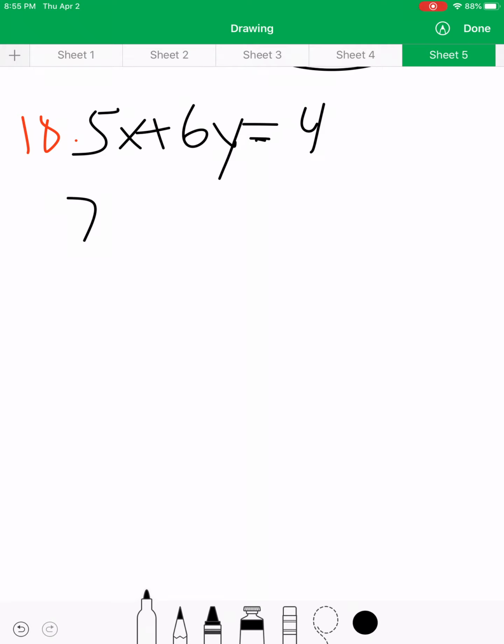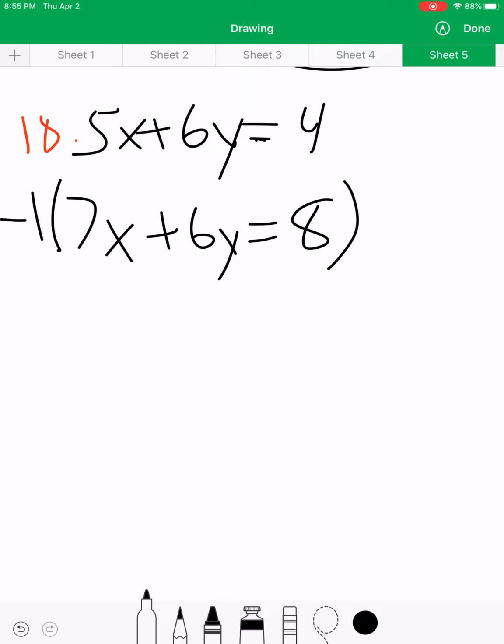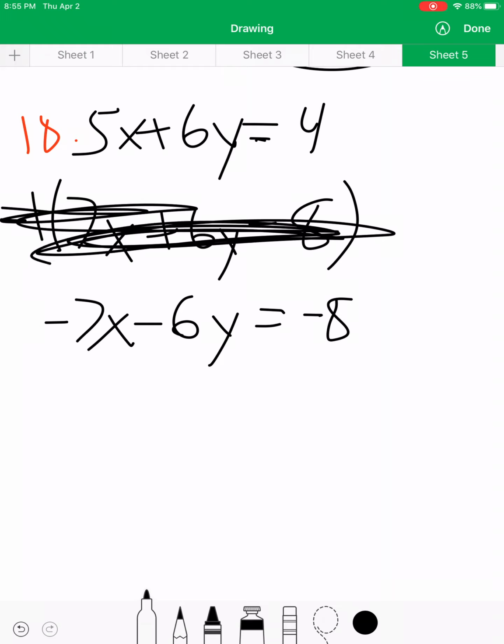And underneath, 7x plus 6y equals 8. Now, seeing as how my y variable already has the same coefficient, all you need to do is change the sign of one of them, which means you need to multiply the entire equation by negative 1. I'll multiply the bottom equation by that because I have more room there. So when I do that, I get negative 7x minus 6y equals negative 8. And this one just goes away.